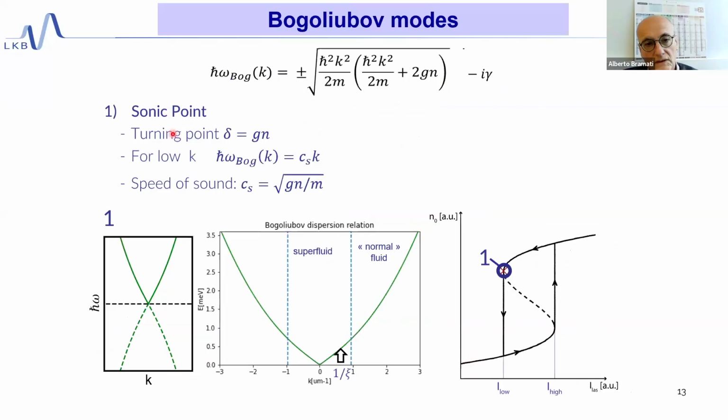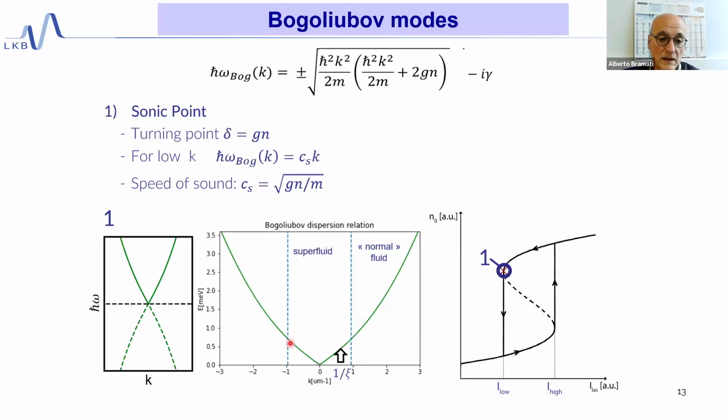So, due to this condition, we can recast the Bogoliubov expression in this way, because we can eliminate delta. In the very low wave vector regime, this formula is approximated by this very simple expression.